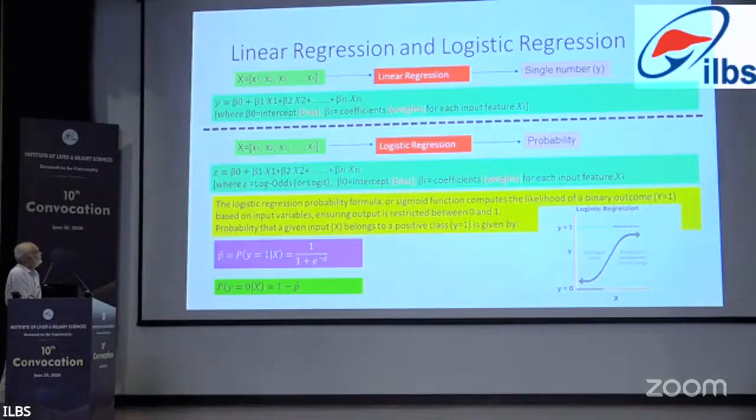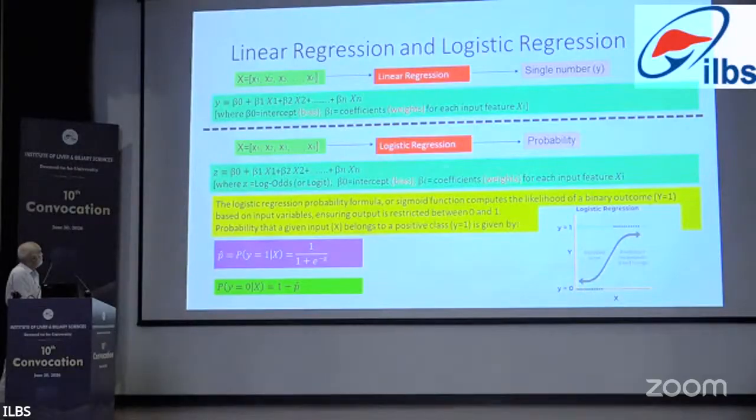And if we look at logistic regression, these are again the input features. What logistic regression gives out is a probability. The first step is the same as the one above, where it is called Z. Z is the logit. You must have heard the word logit. Logit is the same as the previous equation: the same beta 0, intercept or bias, then coefficient or weights for each input.